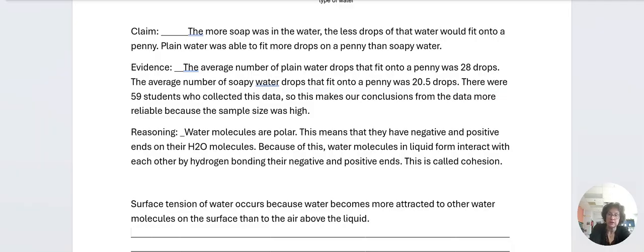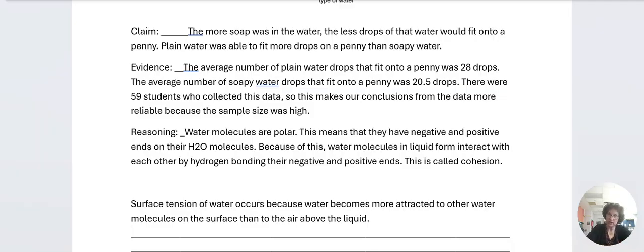There was a picture in the video that I showed you that showed that, right? So surface tension of water occurs because the water is still loose. Hydrogen bonds aren't strong bonds, but they form a skin on the water.